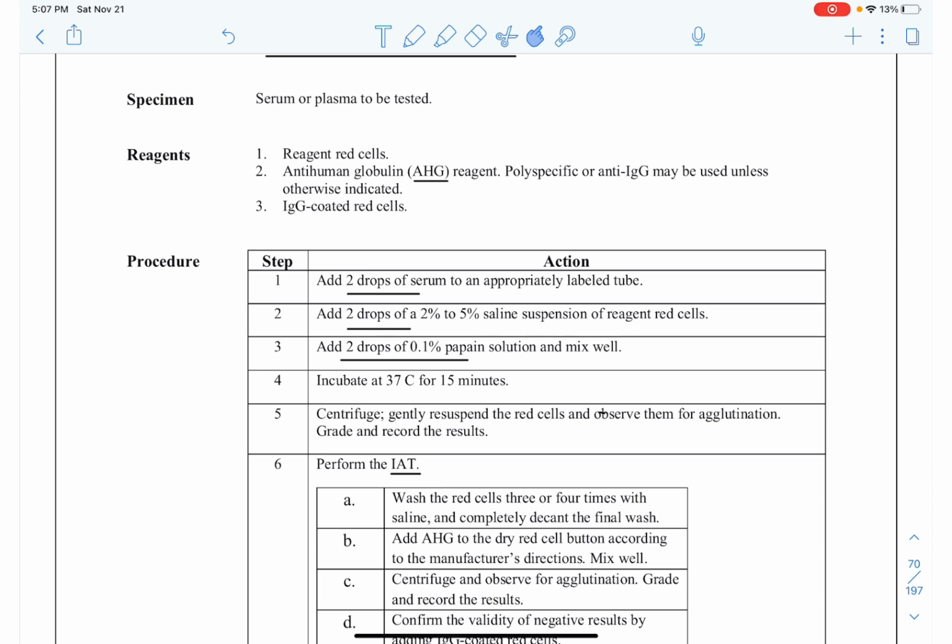It's pretty straightforward. 2 drops of serum, 2 drops of a 3% suspension of red cells, and then 2 drops of papain. Papain is an enzyme. You incubate for 15 minutes and observe for agglutination.